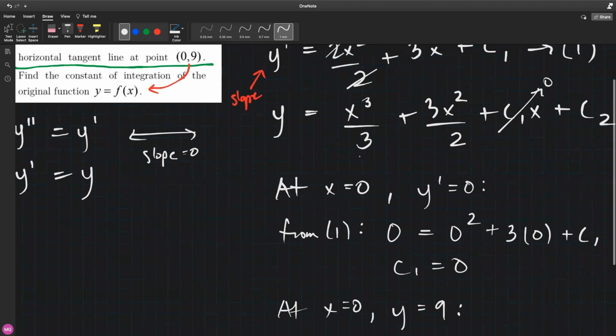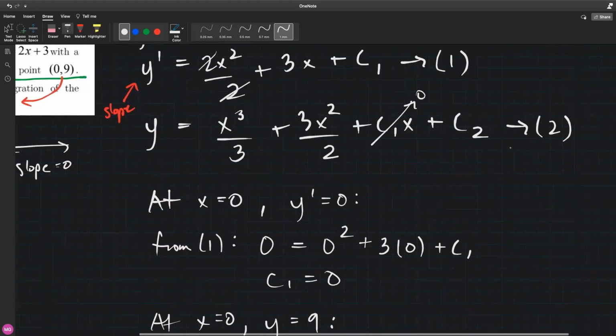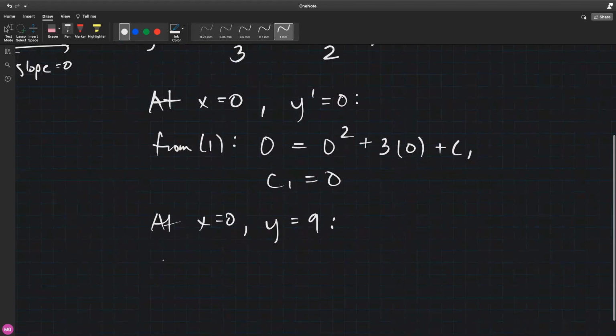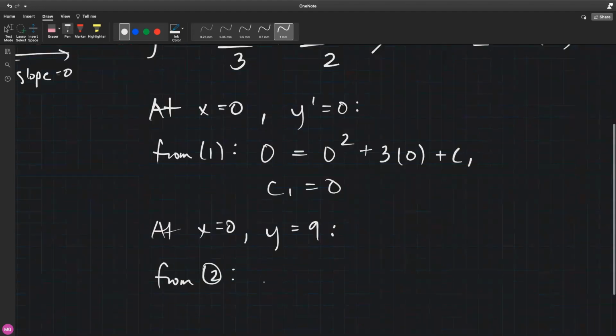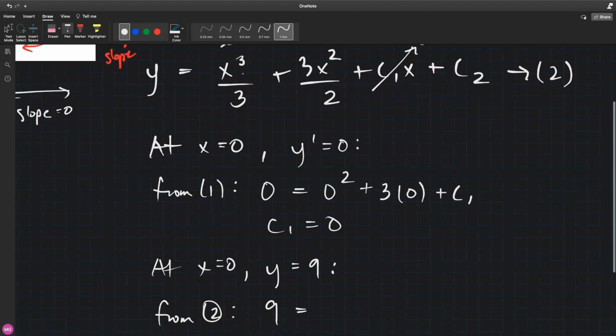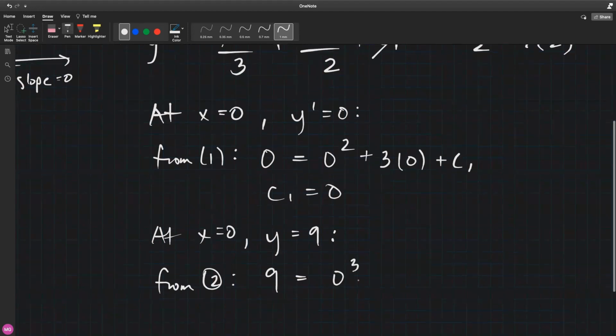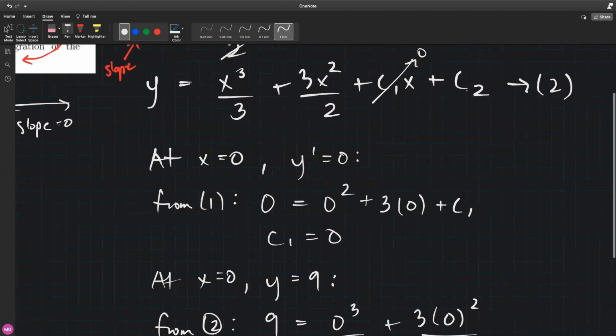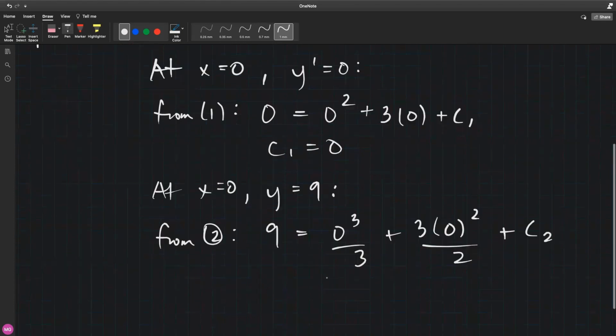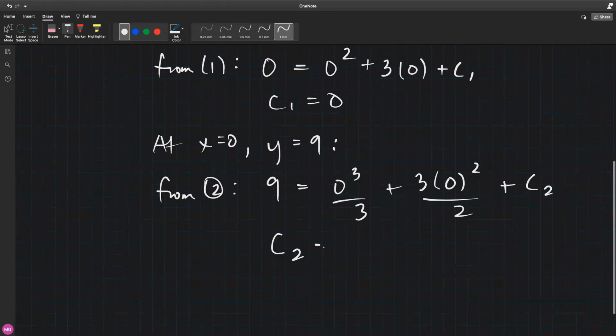So we will use the original function, equation 2. y equals 9 equals 0 cubed over 3 plus 3 times 0 squared over 2 plus c2. So our c2 must be equal to 9. So that will be our constant of integration.